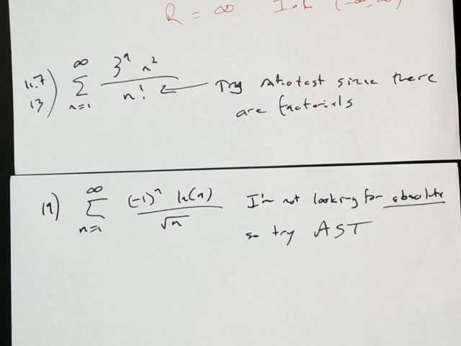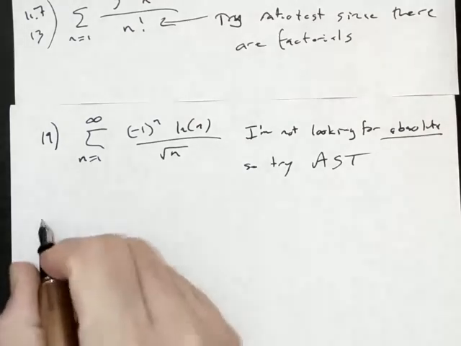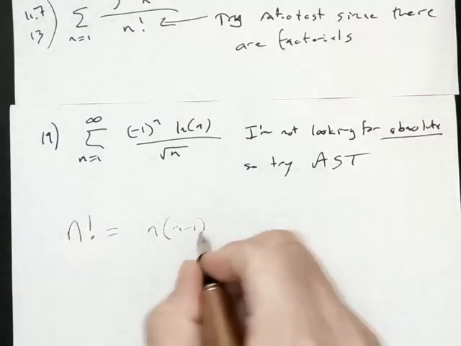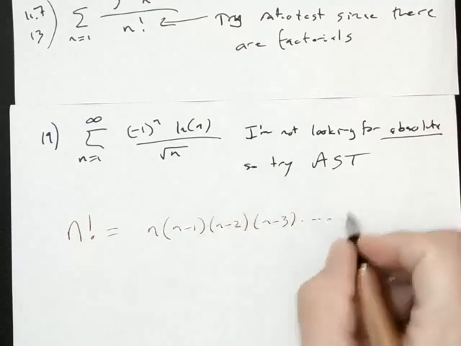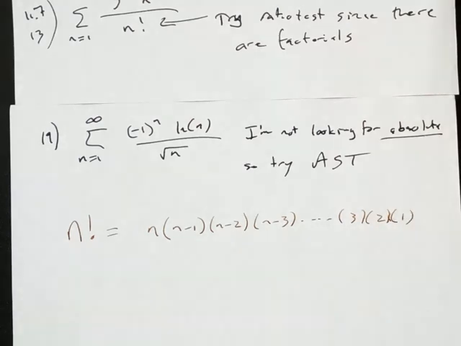Yes, ma'am. Yes, absolutely. The thing to remember about a factorial is that there are two ways to think of n factorial. It's all the numbers starting at n multiplying down until I get to 1.